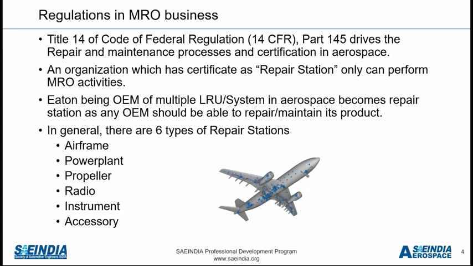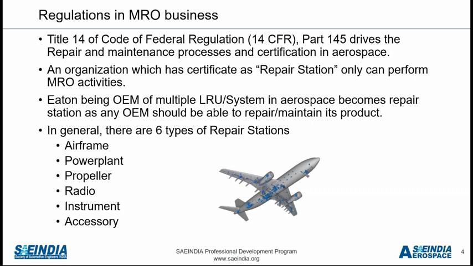For example, airframe is just about the body of the aircraft, from nose to tail. Then power plant is mainly to do with the engines. Propeller is to do with the propelling systems, which take the power from the engines and make sure that enough force is available for the aircraft to fly.